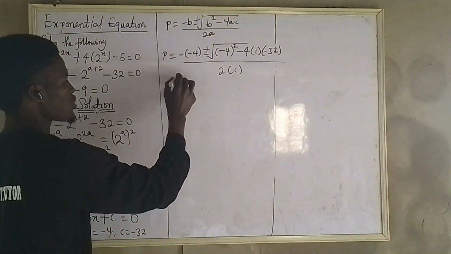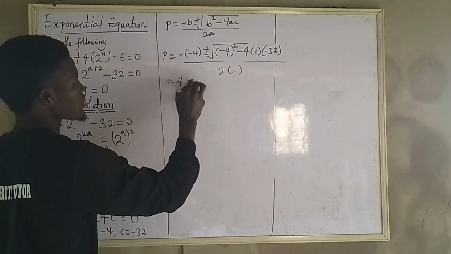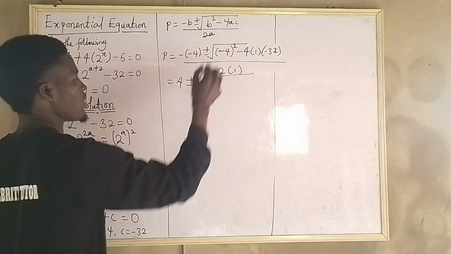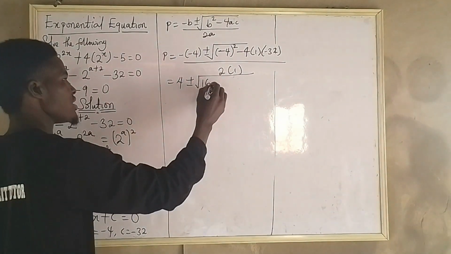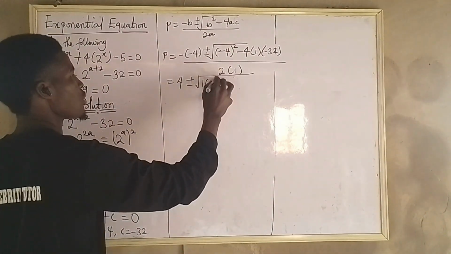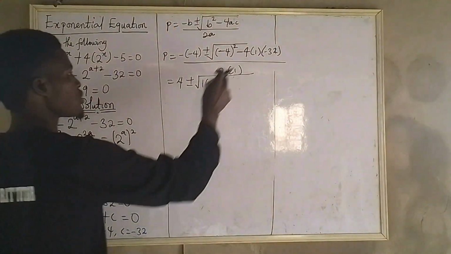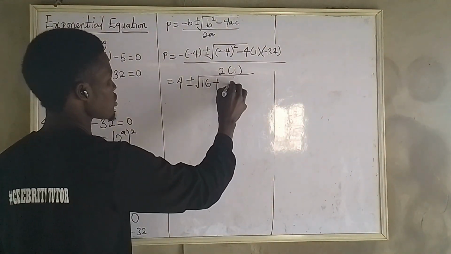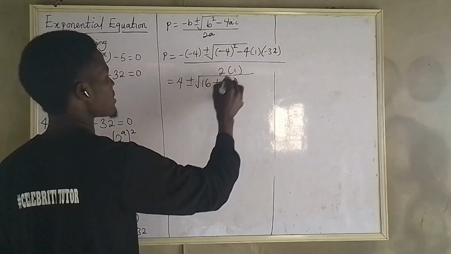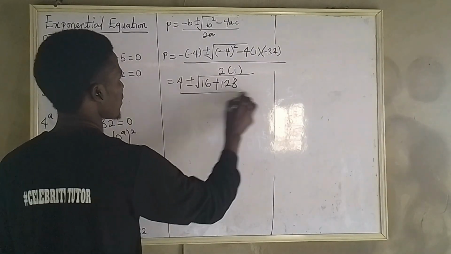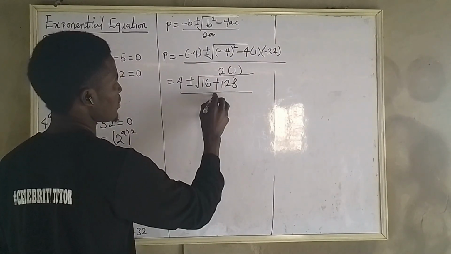So minus times minus will give us 4 plus or minus square root of minus 4 raised to power 2, which is 16, minus times minus is plus 4 times 32. 4 times 2 is 8, 4 times 3, 12, so 128.